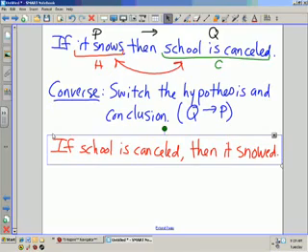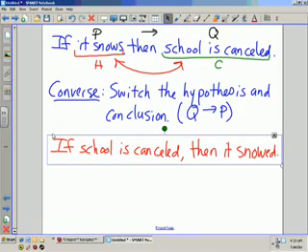There are several reasons why school can be canceled, but there's no snow on the ground. There might not be power in the building. It may have rained very hard, and there's a lot of high water. School's been canceled for that as well. There's lots of reasons why school could be canceled, but not have snow on the ground.